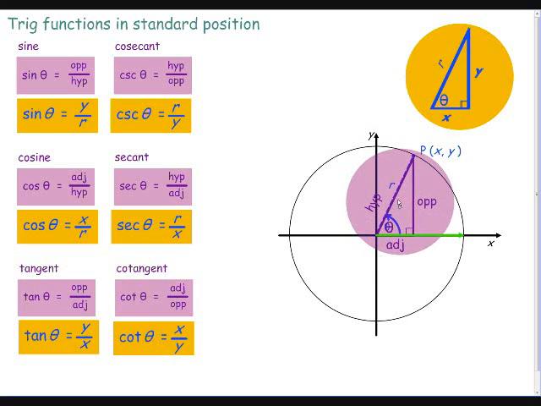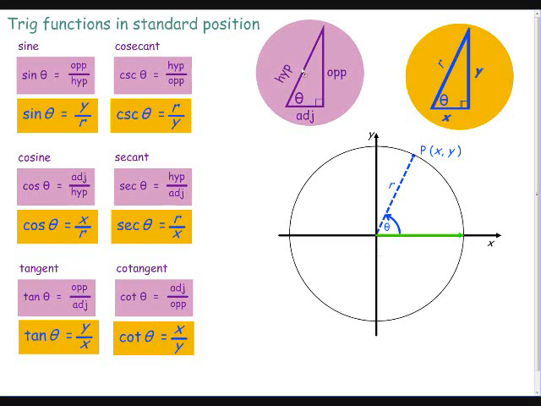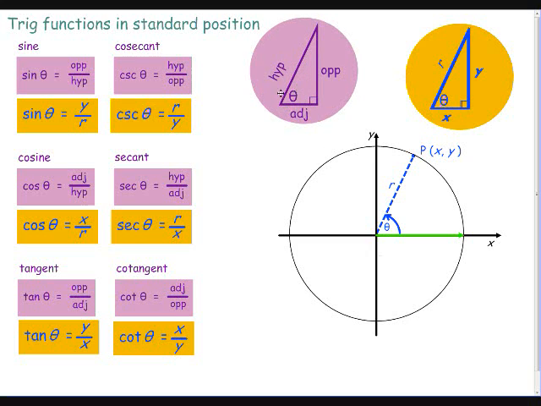So if we took this and we put it right here, you can see that what was the hypotenuse in the case of a circle here becomes a radius. What was adjacent becomes x, and what was opposite becomes y.